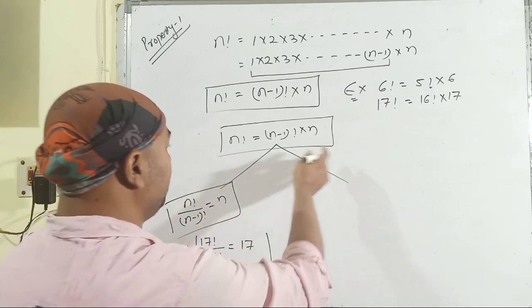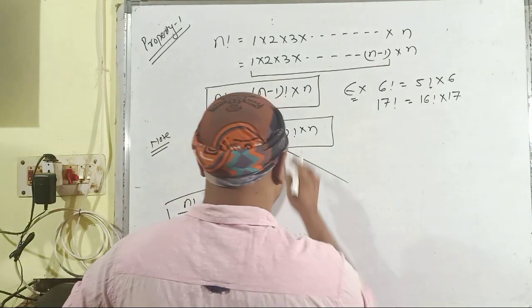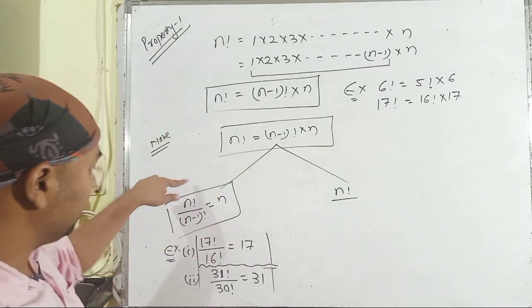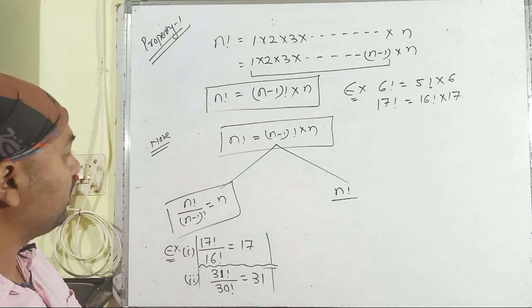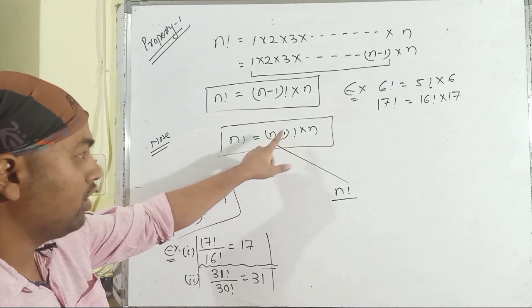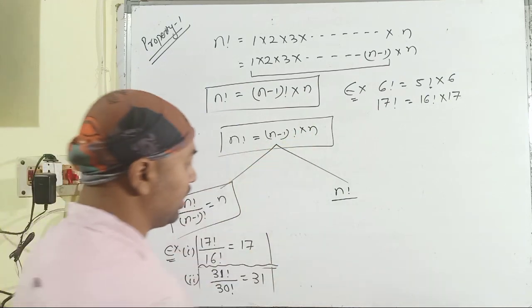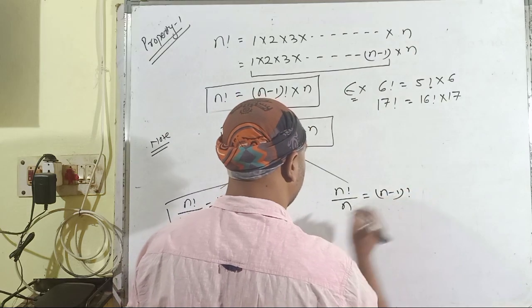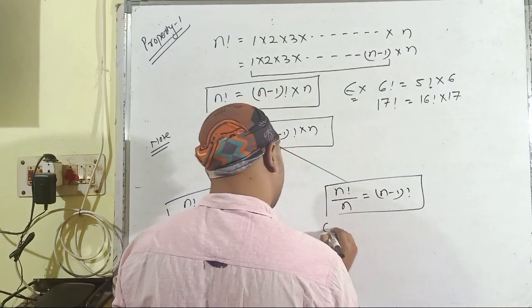Again, considering another case from this formula, n factorial divided by, in this case we have shifted the term of the factorial of n minus 1. Now shifting the n term here, n factorial divided by n will be the factorial of n minus 1.